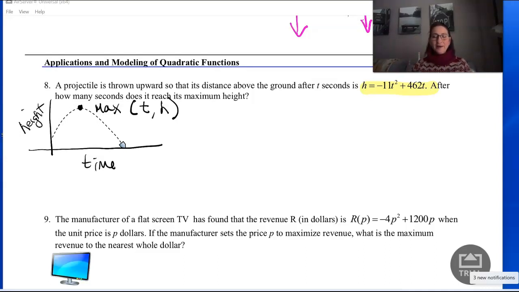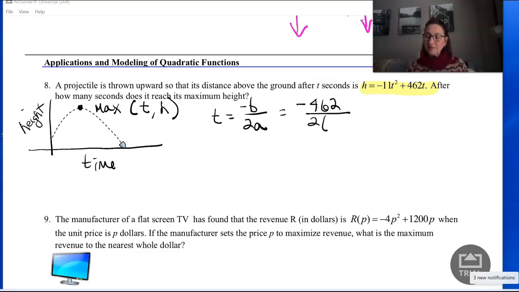So I'm going to go ahead and take my quadratic and solve this. I'm first going to look for my vertex. That's the x value, or the t value, and that's going to be negative b over 2a. So that's going to be the negative of 462 over 2 times negative 11.